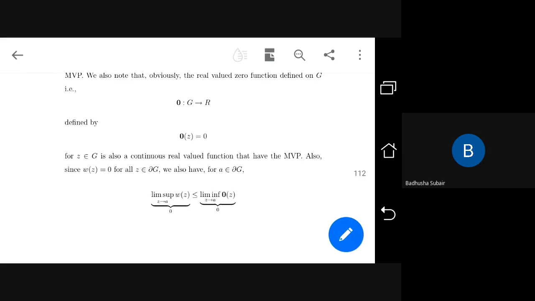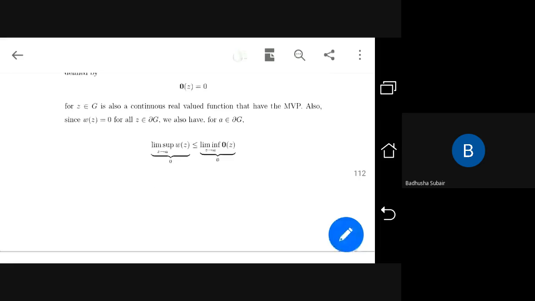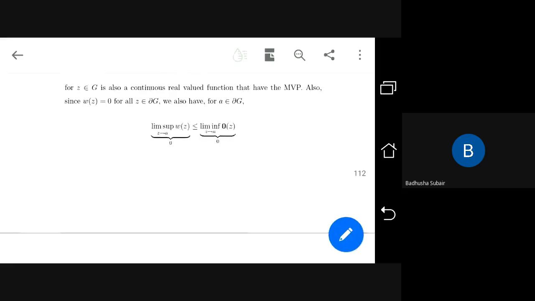Therefore, for a belongs to del G, we get limit z tends to a supremum of W of z less than or equal to limit z tends to a infimum of 0 of z. Since W of z equals 0 for all z in the boundary of G, and here a belongs to the boundary of G, as z tends to a the left hand side of this inequality tends to 0.